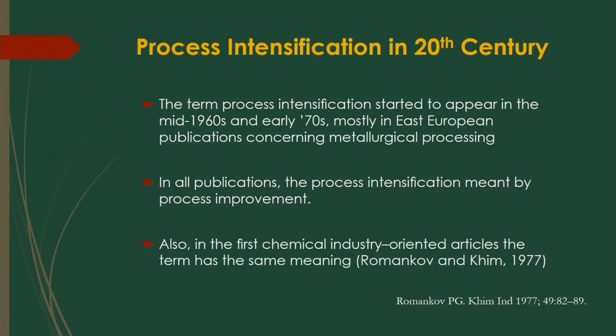And also you will see the term process intensification started to appear in the mid 1960s and early 70s, mostly in East European publications, and it was regarding metallurgical processing that they published in different East European journals. In all their publications, it was noted that they represented the word process intensification as process development, and it went on till the 20th century, and the first chemical industry oriented articles also used the same word for process development instead of process intensification.